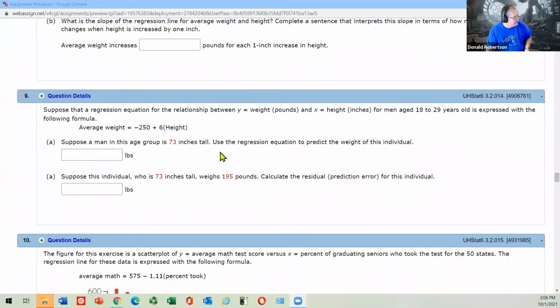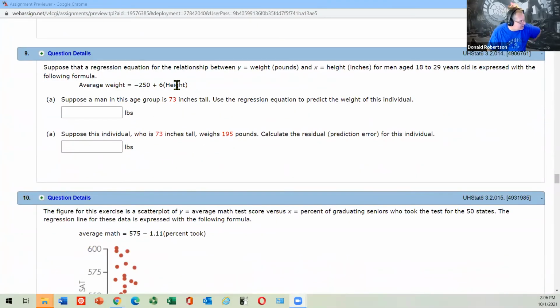Okay. Question 9 is basically the same question, right? Here's a formula, plug in the numbers and figure out what they are. Now, oh, there's a good mistake. You see they've got 2 question A's, so even they make mistakes. Suppose the individual who's 73 inches tall actually weighs that. Calculate the residual. So I think I should do that one.